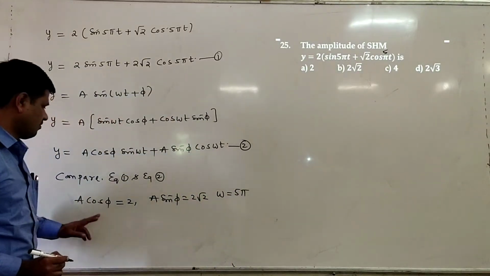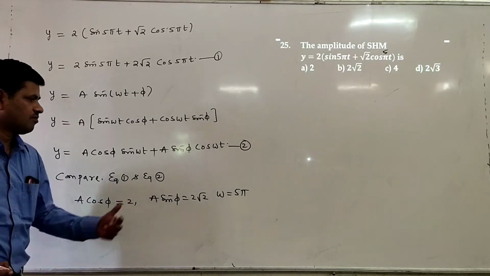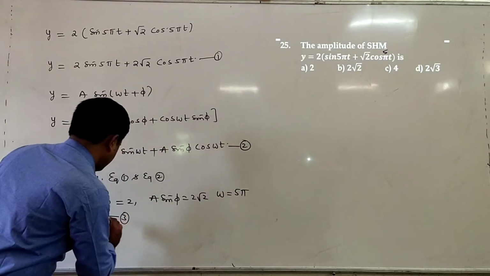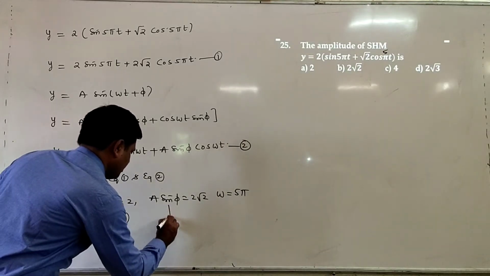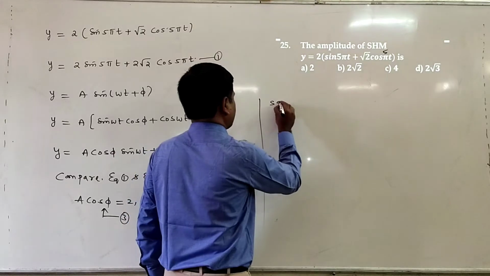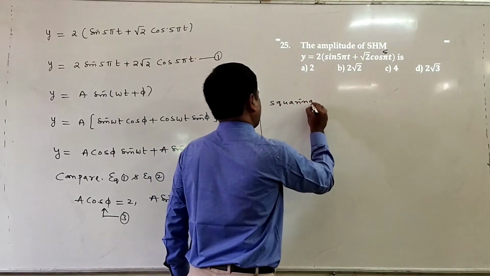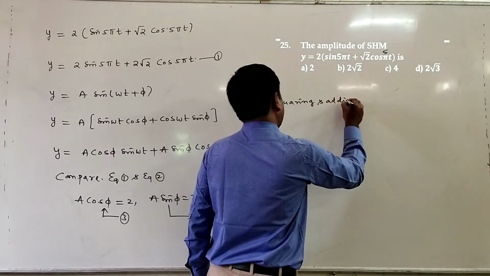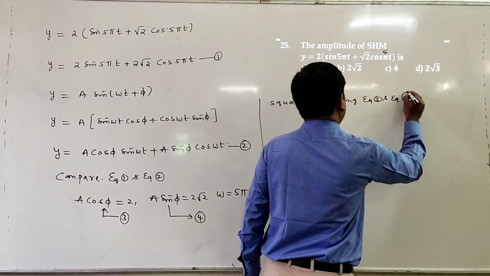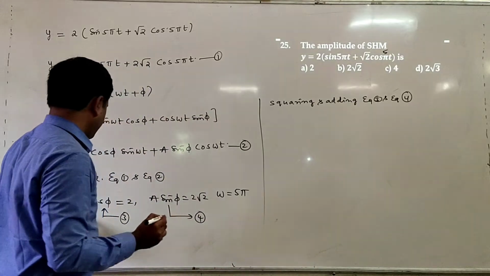But amplitude is required, so we square these two and add. This is equation number 3 and this is equation number 4. Squaring and adding equation 3 and equation 4.